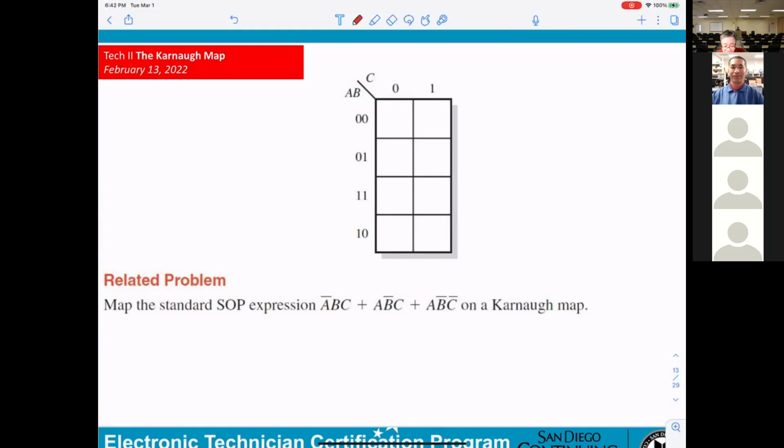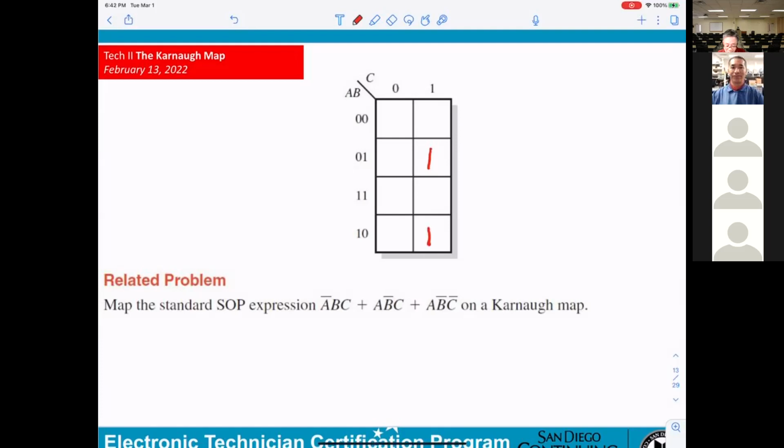So, Mr. Pham, the first expression, not A, B, C, should be on the second row, second column. Okay, that's what I get on mine, so you're right. You add a 1 there. The next one, you should put a 1 on the bottom right.